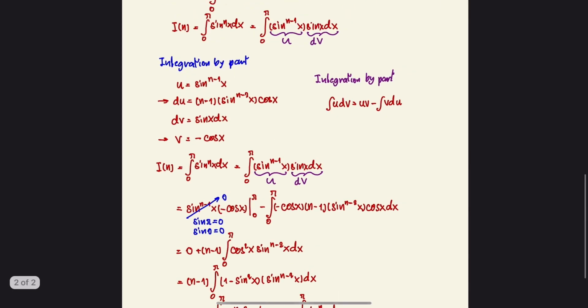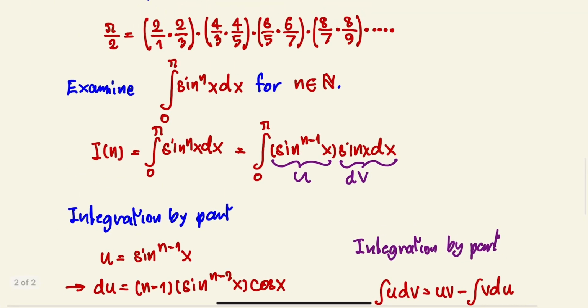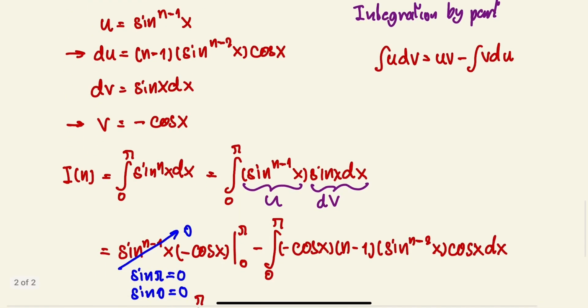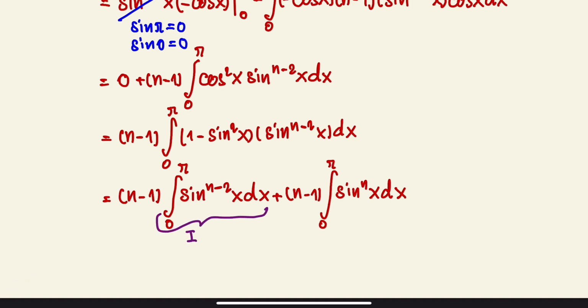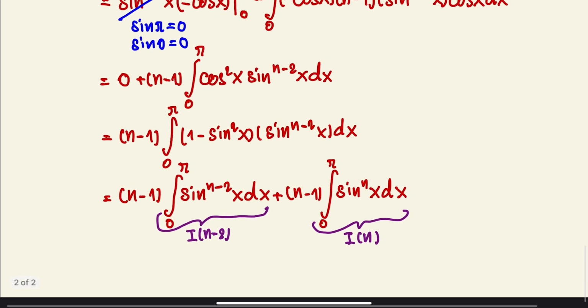According to what we were given, I n is the integral from 0 to pi of sine raised to the n x. So this integral here is I n minus 2, and this integral is I n.